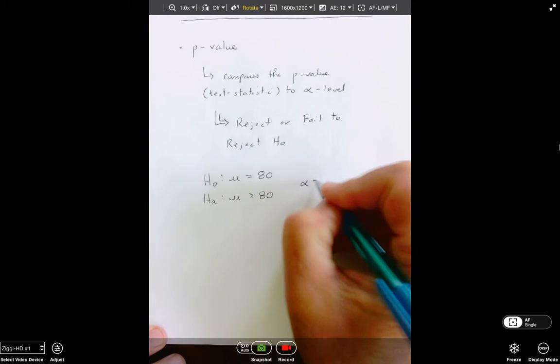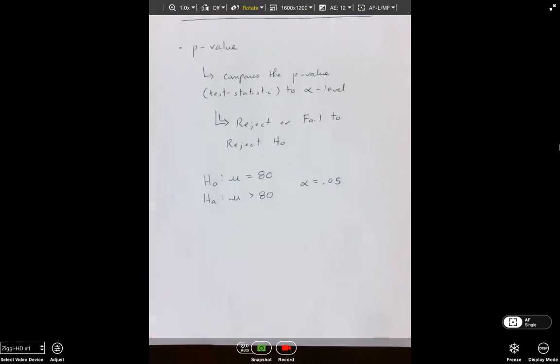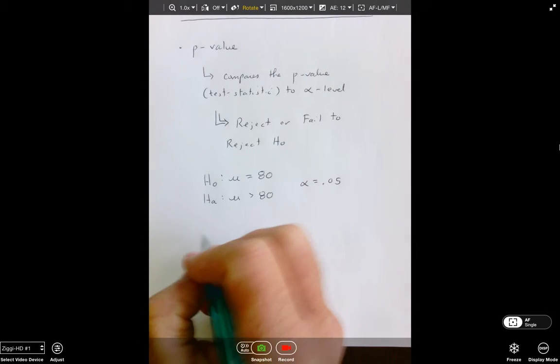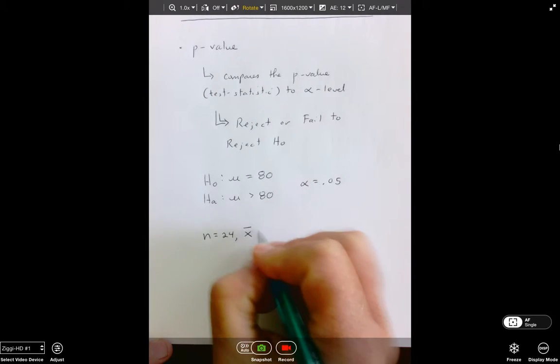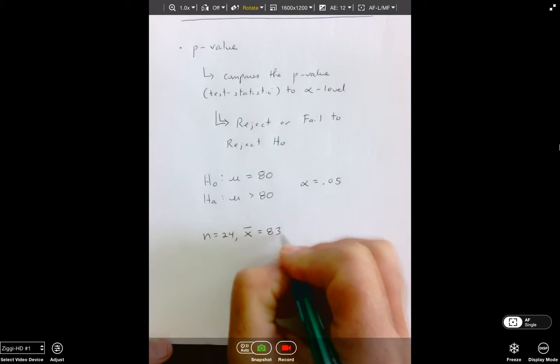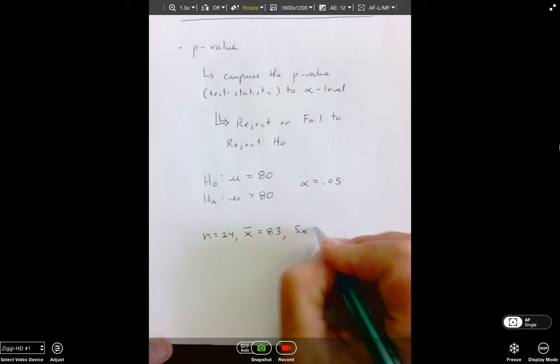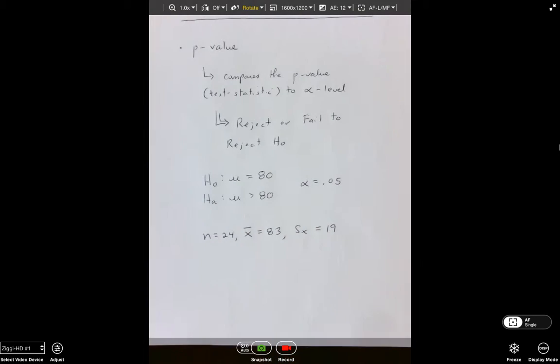I decided, for obvious reasons, because it's the industry standard, that I would test at 0.05. My sample data, I think I had 24 students. Their average on the final exam was 83, if I remember correctly, and the standard deviation was 19.